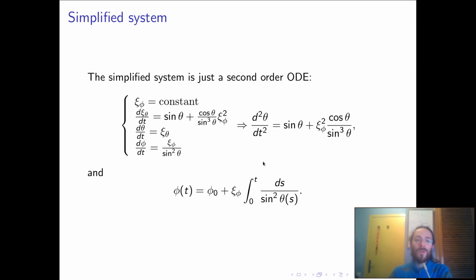Therefore we go from a system of 4 ODEs to a system of 2 ODEs, or an ODE of order 2 plus an integral. So this can be seen as a system of 3 ODEs, but it's actually greatly simplified. So this is the way in which having integrals of motion, in which having the symmetries helps you, right? You're allowed to reduce the order of complexity of your system.